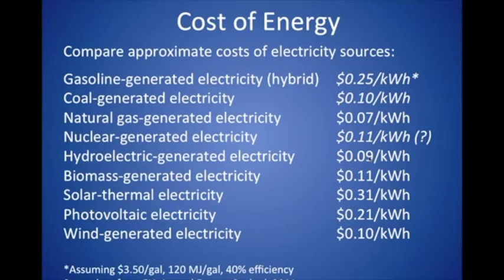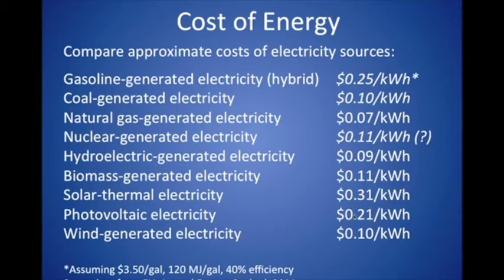Hydroelectric, around 9 cents per kilowatt hour. Biomass, that's basically burning wood pulp for the most part, around 11 cents per kilowatt hour. Solar thermal electricity, that's where the sunlight is focused and used to generate heat to basically boil water and run turbines, just like is done with coal. That's actually quite expensive, 31 cents per kilowatt hour.